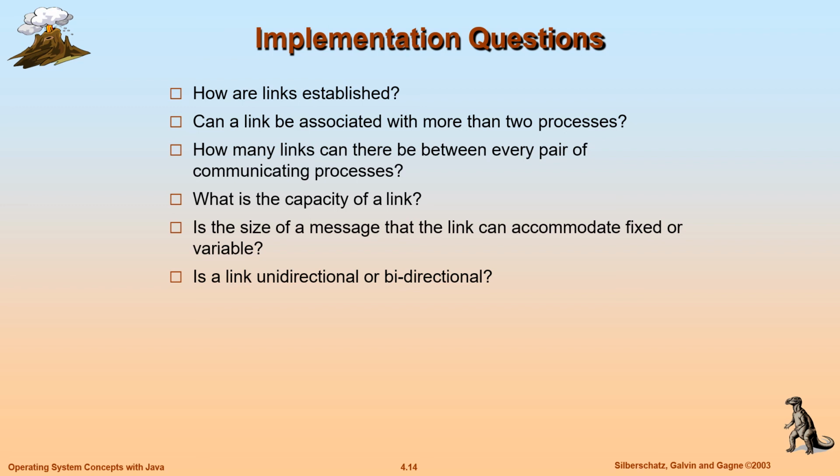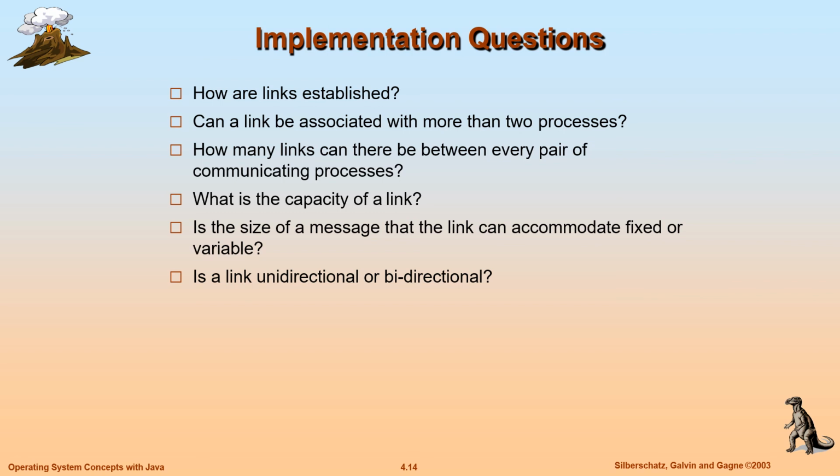So we need to consider the following questions. How are links established? From the sender to the receiver, we have seen that a link is needed: one is the sender and the other the receiver. Can a link be associated with more than two processes?